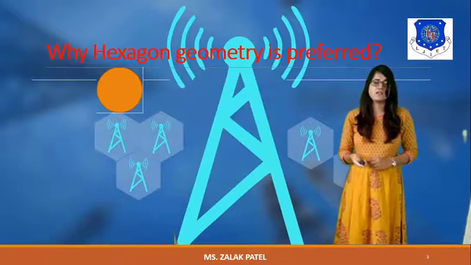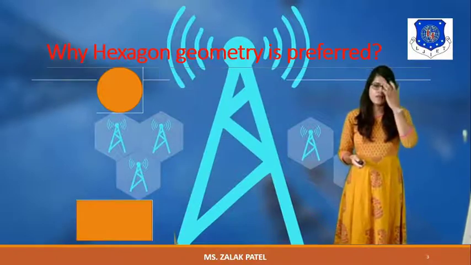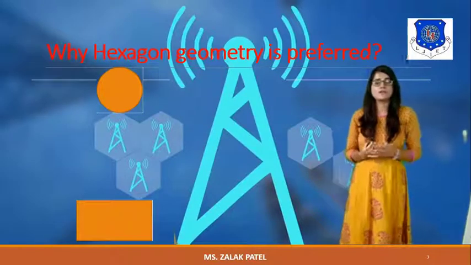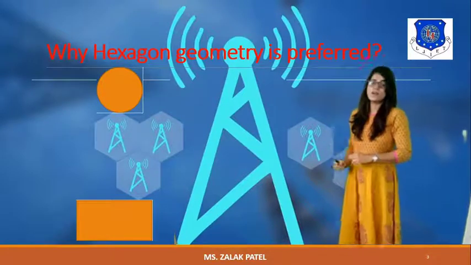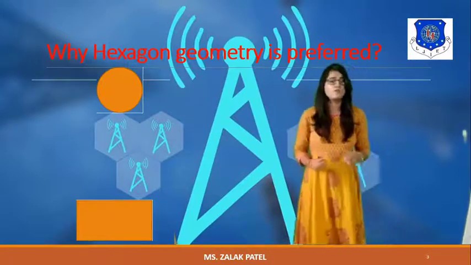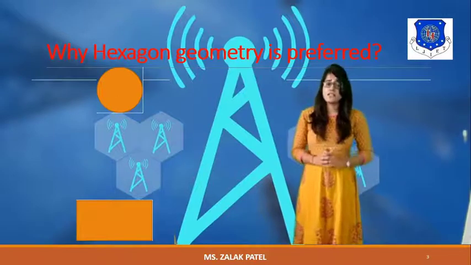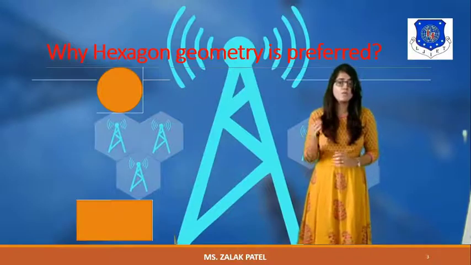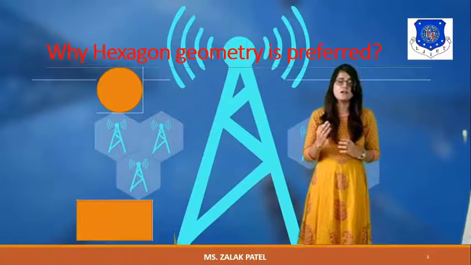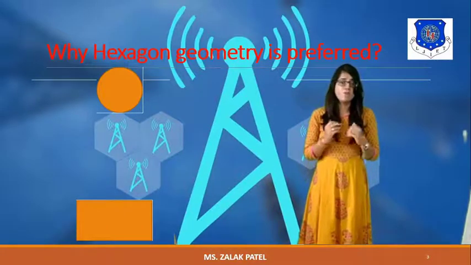So let's take another shape, that is the rectangle. In the rectangle shape the overall area is covered, but the area covered by the rectangle is given by A into B, where A and B are the sides of the rectangle, which is small.